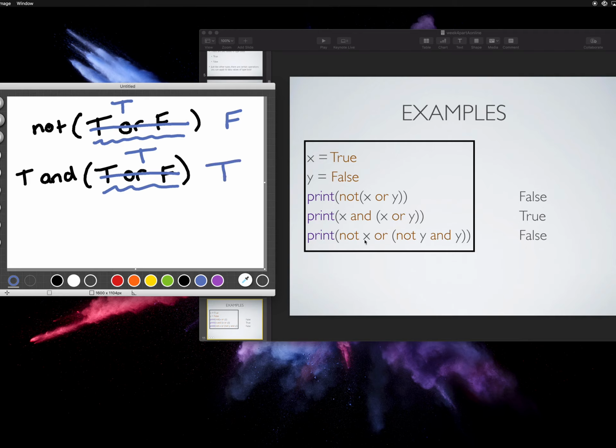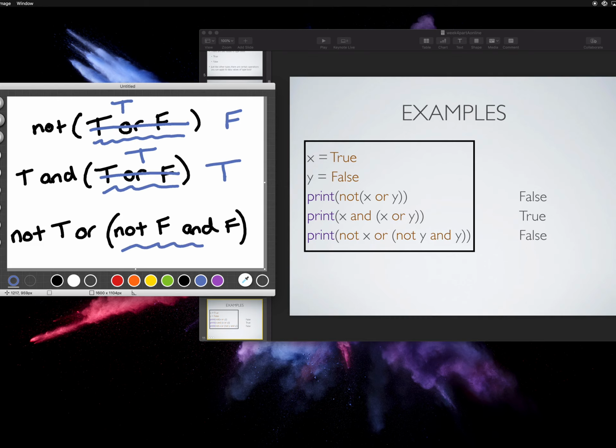Alright, let's do this last one. This last one's a little bit more complicated. We have not x, where x is true, or (not y and y), where y is false. Alright, so we're going to do the parentheses first.